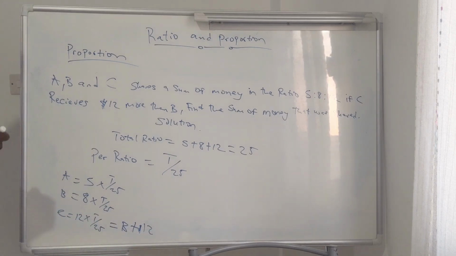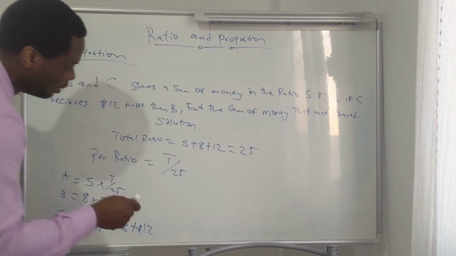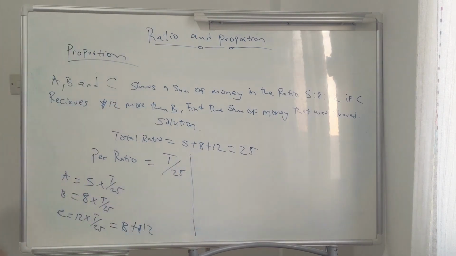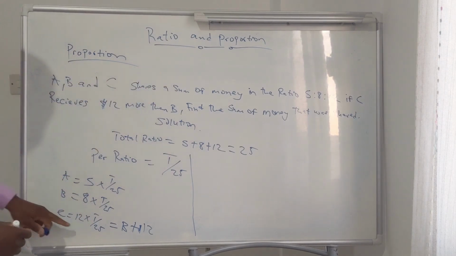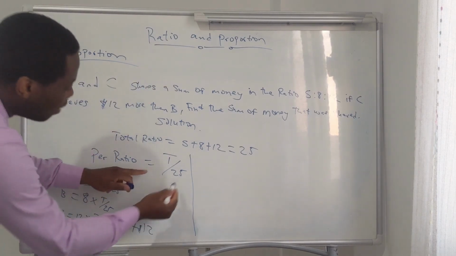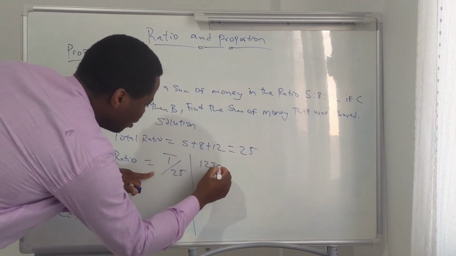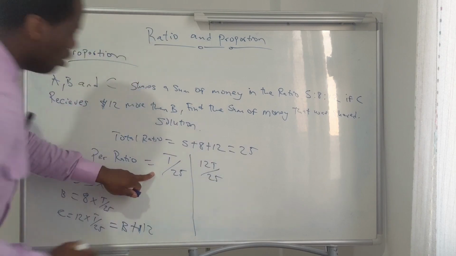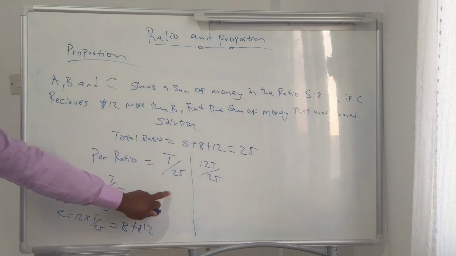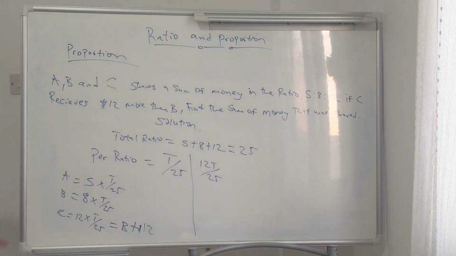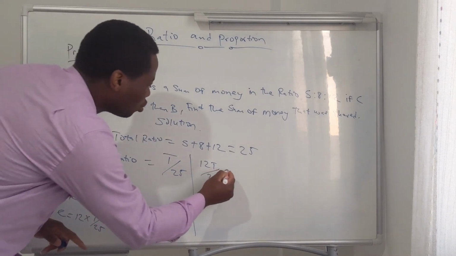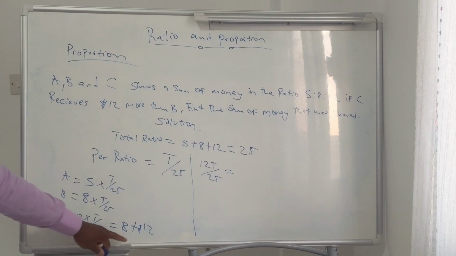So now let's analyze this properly. What we are saying is that C, which is normally 12 multiplied by the amount per ratio, 12T over 25, is also equal to, according to our question, B plus 12.